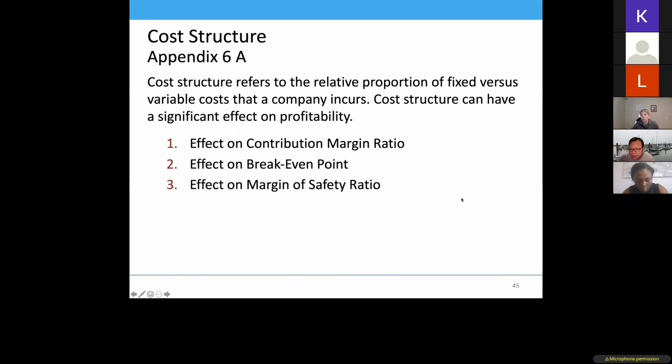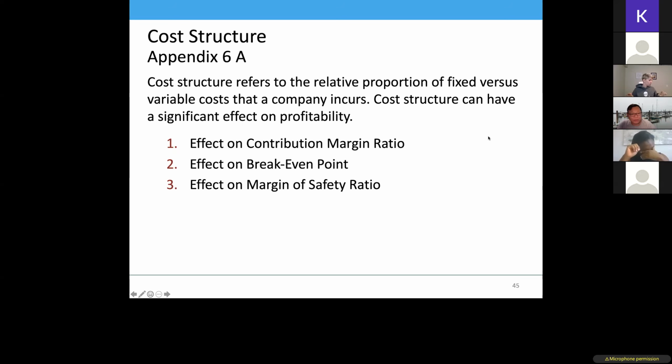Cost structure are the relative proportion of the fixed versus variable cost. Do you have more fixed cost versus variable cost, or you have more variable cost versus the fixed cost? So that's the cost structure. It has impact on contribution margin ratio, break-even point, and margin of safety ratio.